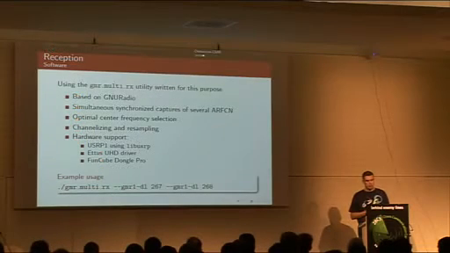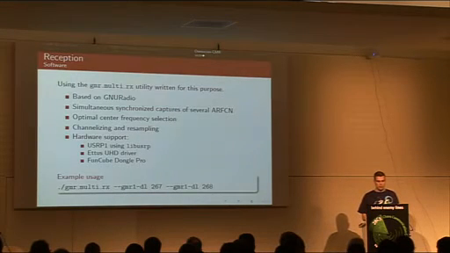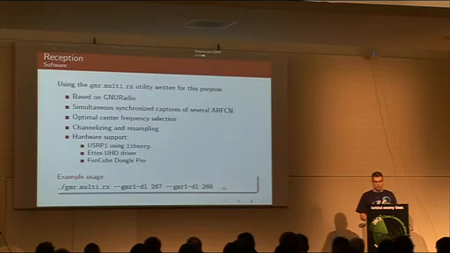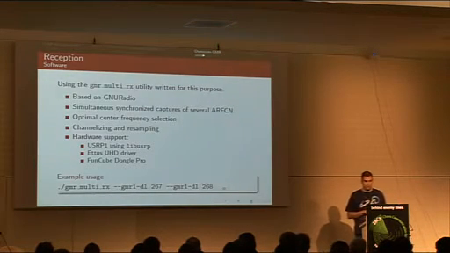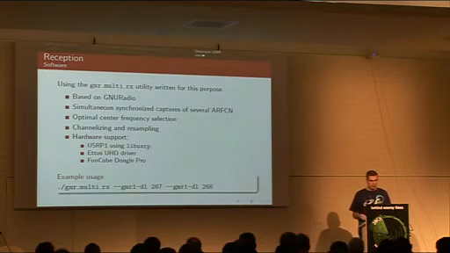All you have to do is compile it for the hardware you want, give it the frequency you want to listen to, and it will figure out everything else itself, and you will end up with a .cfile that you can feed to the next step of the process.